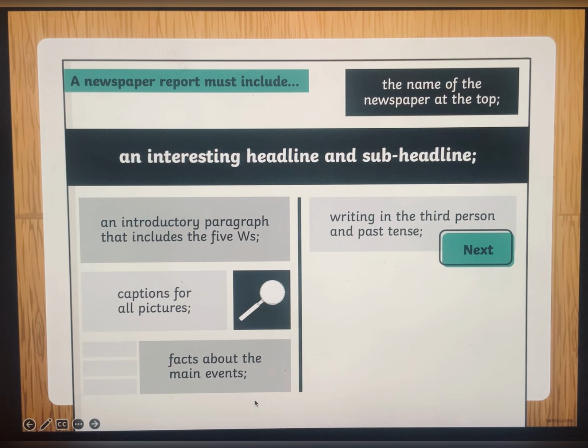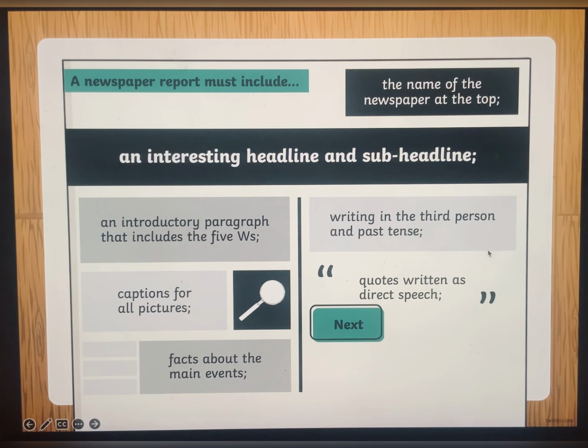Next, my article is always to be written in the third person and past tense, because we have witnessed the whole thing which has happened, or you have gathered the news. So it's always in third person, and it has already taken place, therefore it's past tense. Next, I have to write my quotes in direct speech. Always we write it in quotes, okay?